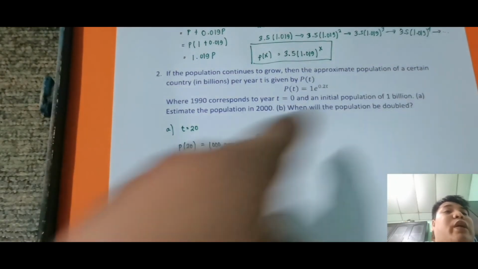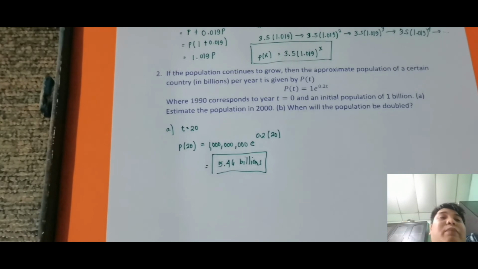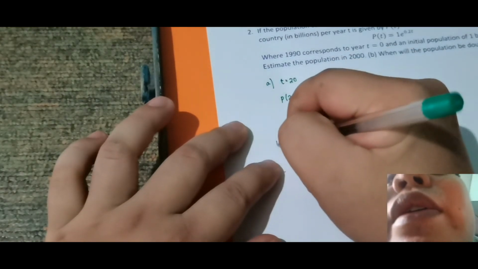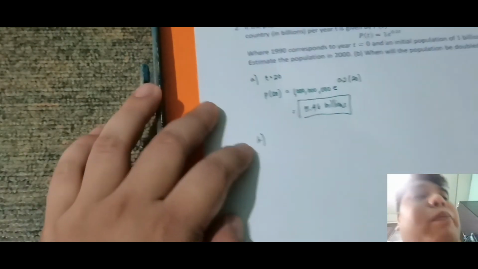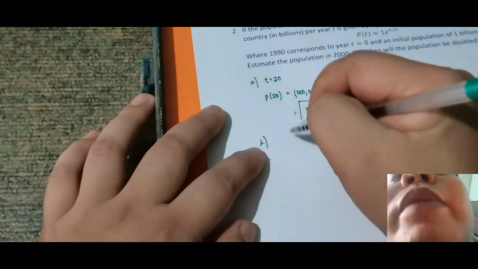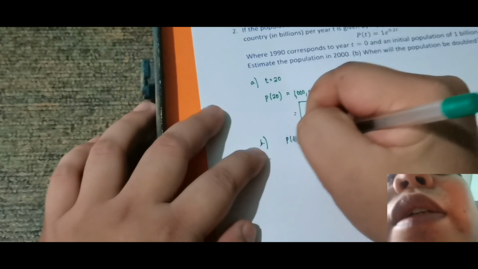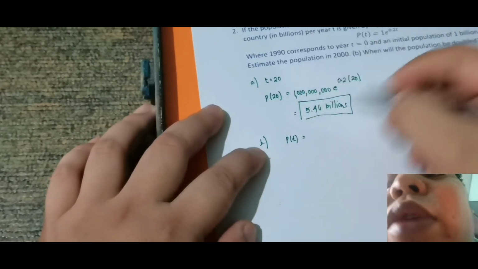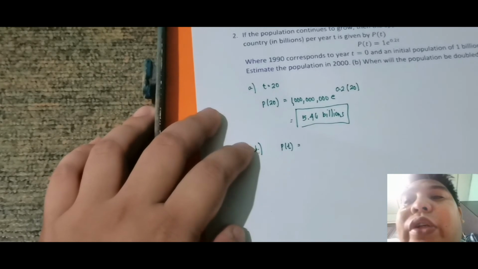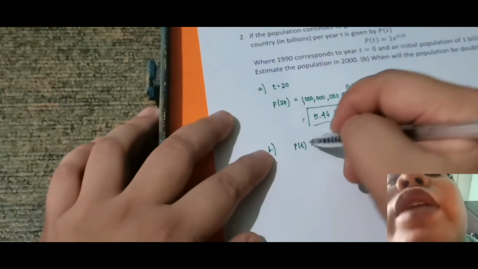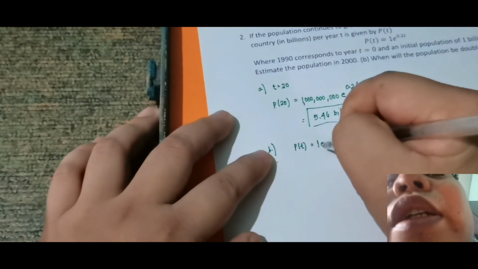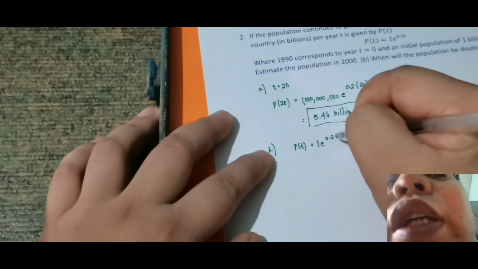So ngayon ang tanong na when will the population be doubled? So ito yung medyo kakaiba, no? So for letter B, when will the population be doubled? So obviously may formula tayo na P of t is equal sa yung 1 billion nga, no? Or I think gamitin ko na lang yung 1 muna. So 1 billion naman e raised sa 0.2 t.